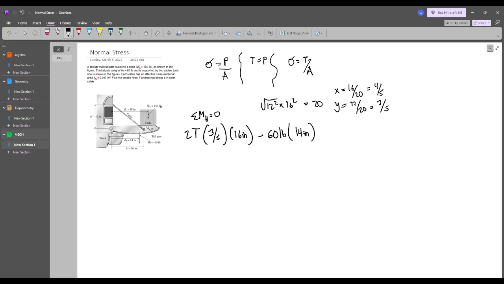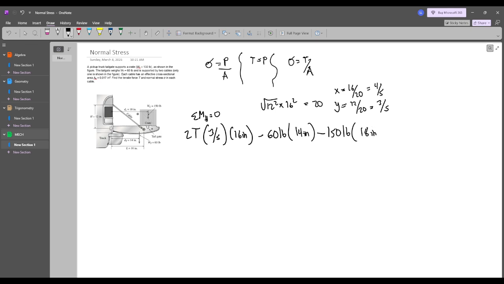Anyways, let's go on to the next one, which is the crate. It also goes down, so clockwise, negative 150 pounds. Now, what's its distance? Is it 16 inches or 14 inches? It's 18 inches. I got confused too.